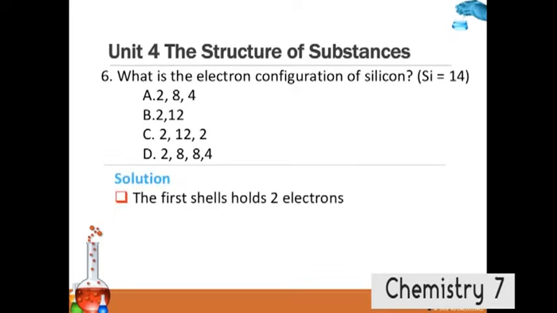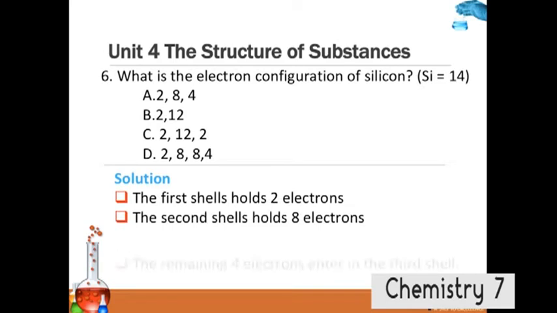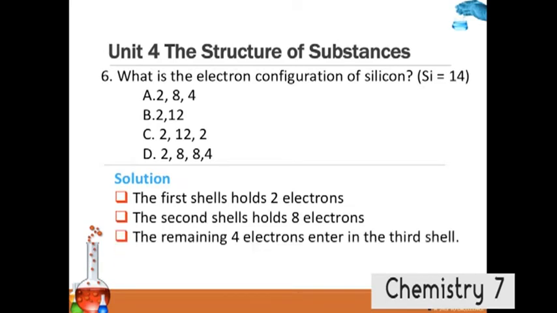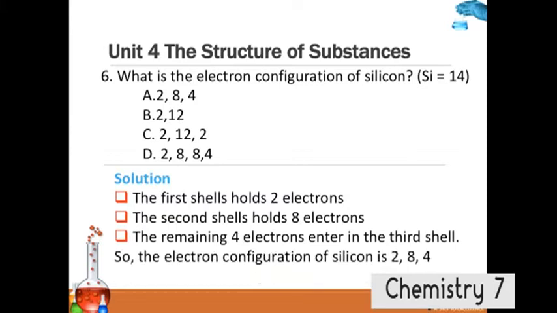The first shell holds 2 electrons. The second shell holds 8 electrons. The remaining 4 electrons enter in the third shell. So the correct configuration of silicon is 2, 8, 4. The answer is A.